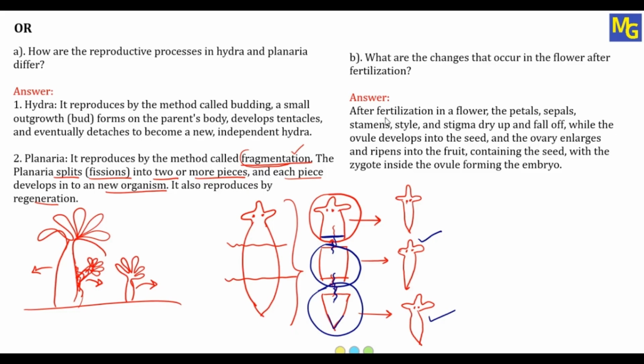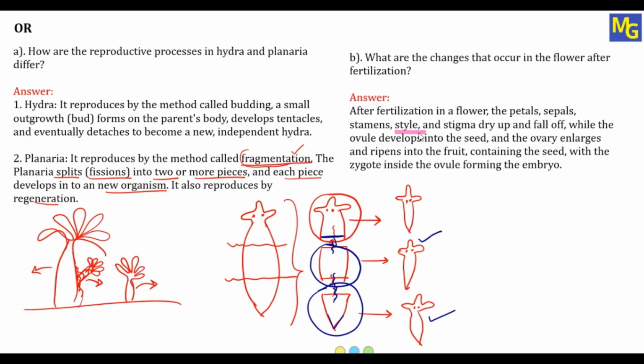So the answer is, after fertilization in a flower, petals, sepals, stamen, style, and stigma dry up and fall off. See here, petals will be colored, sepals will be green. In some plants sepals also will be colored, but most times sepals will be green. Stamens are the male reproductive part.